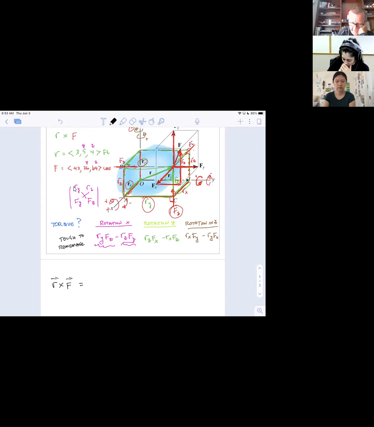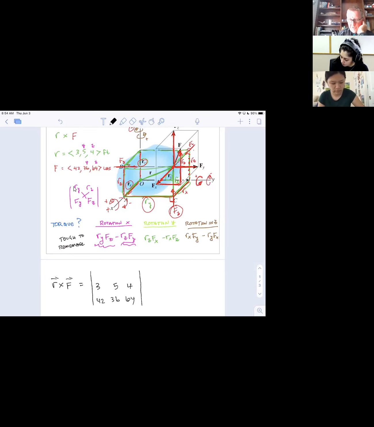Then you write it like this, kind of a giant matrix. The R values go on top: 3, 5, 4. And then the F values go on the bottom. R cross F, not F cross R. 42, 36, 64.